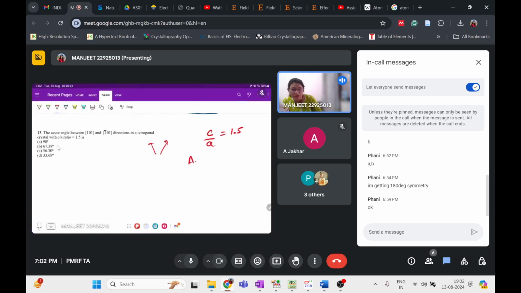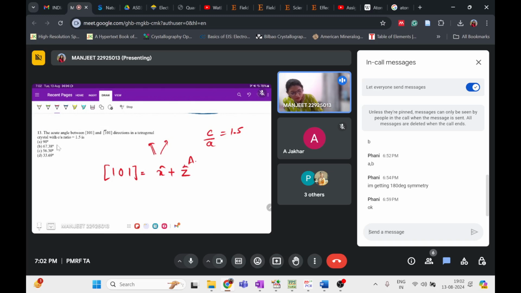If we have to find the angle between them, then we use the dot product. I'm writing this direction a00 as a lattice vector, x cap, y cap, which will become 0, and this will become the z cap.